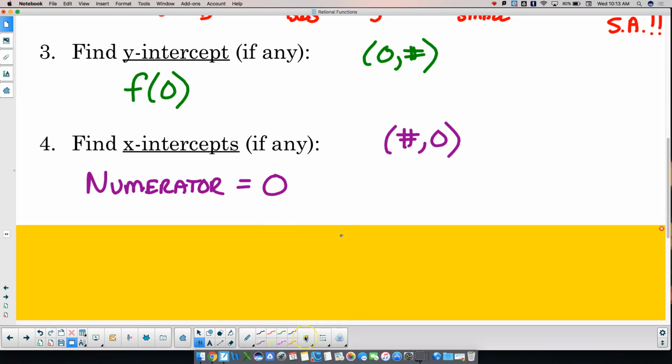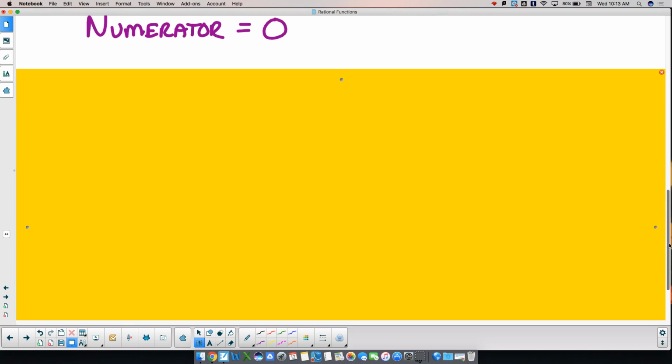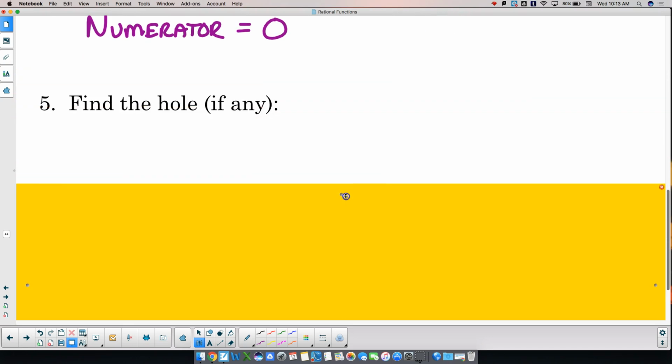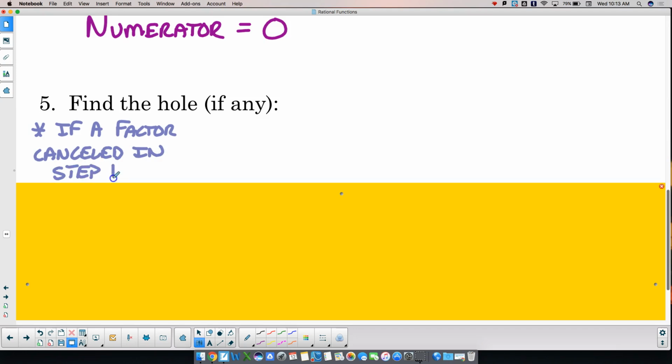Got to find the holes. How do I go about finding the hole? Set what was factored out equal to 0. Okay. So I only do this if I factored something out in step 1.5.